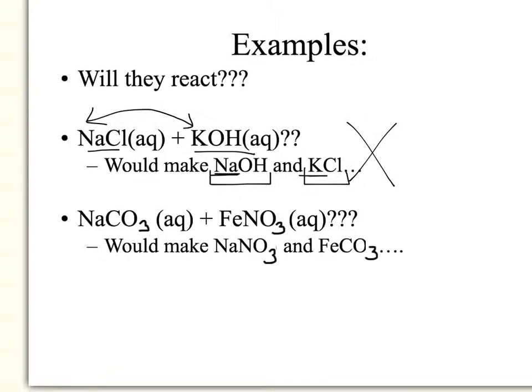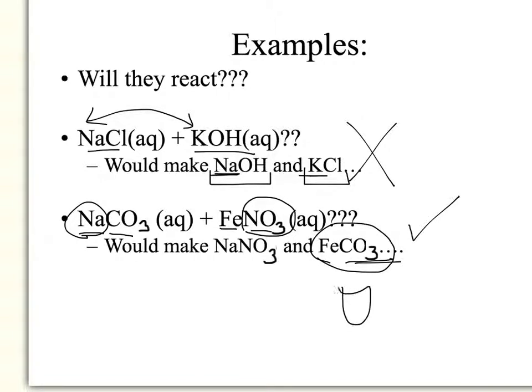On the other hand, sodium carbonate is combined with iron nitrate. Right now these would be dissolved because iron nitrate has nitrate in it and sodium carbonate has sodium in it. But when we combine them, we would get iron carbonate, and carbonates are insoluble. So this reaction would happen, and in fact, when you mix two dissolved things, you would actually get a powder, a precipitate, forming in the bottom.